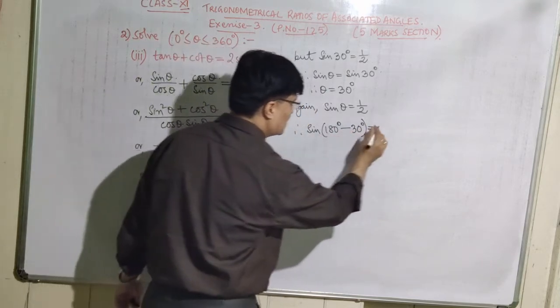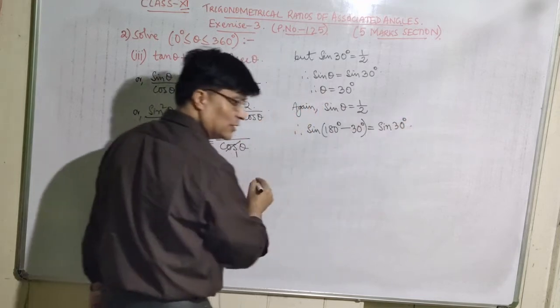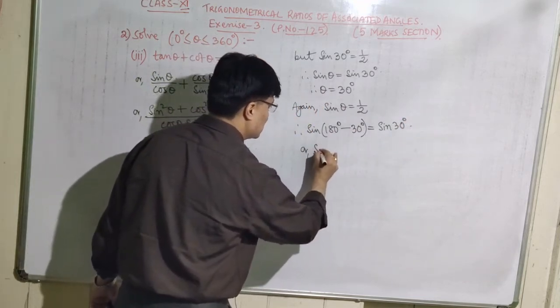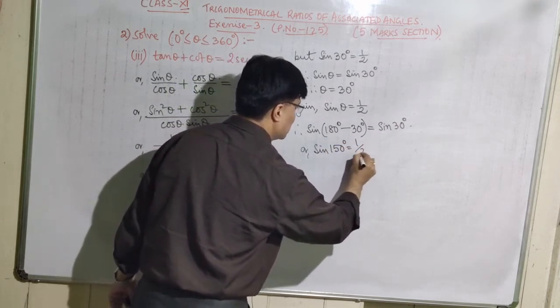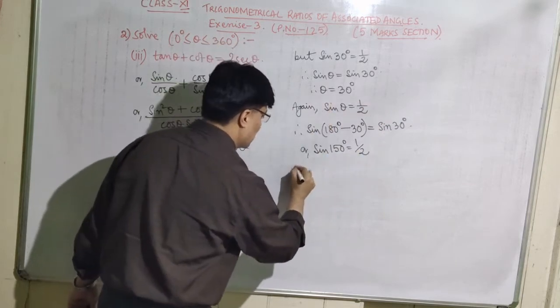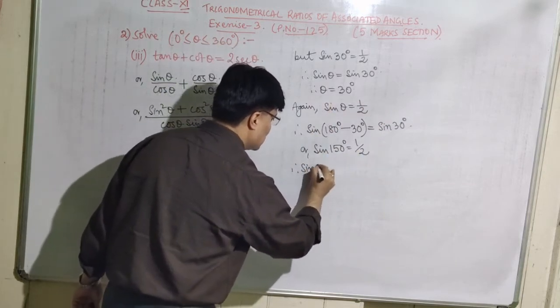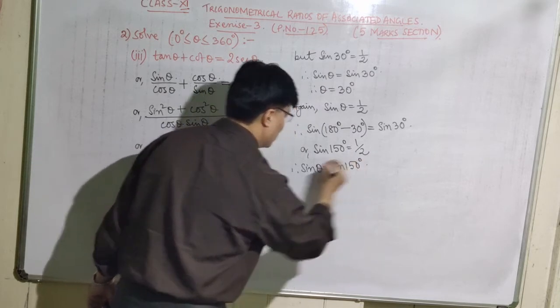What is sine 180 minus theta? You know that this is sine theta, that is sine 30 degree. Or now it is sine 150 degree, isn't it? Which is equal to sine 30 is half. So right hand sides are equal, left hand sides must be equal. Therefore, this is sine theta is equal to sine 150 degree.